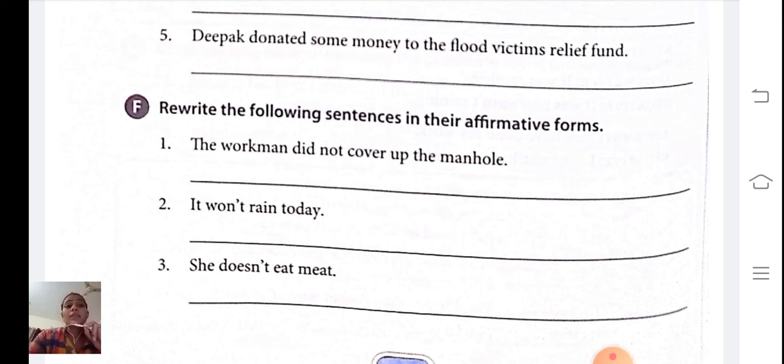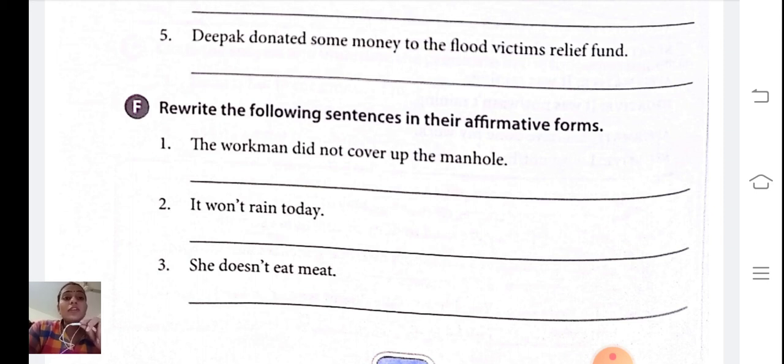The workmen covered up the manhole. If we say the workmen did cover up the manhole, it is a wrong sentence, when the sentence is in the past tense. Okay. So, the workmen covered up the manhole.